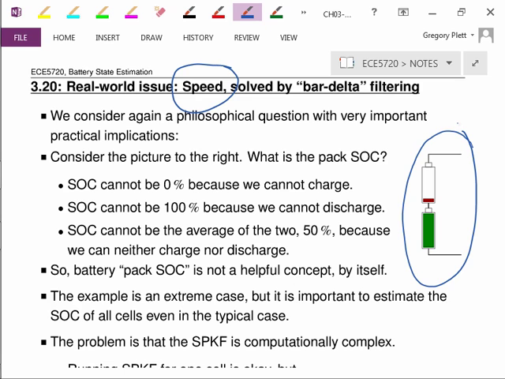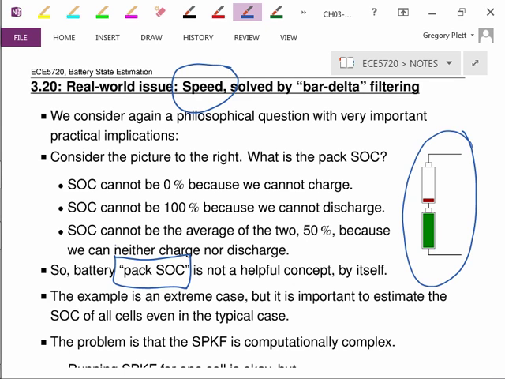And it can't even be the average of the two, which is 50%, because, again, we can neither charge nor discharge. So this idea of pack SOC is not a helpful concept by itself, and we've argued that most times you would want pack SOC, you'd really want energy instead, pack energy, which is completely definable, and there's no ambiguity in what that really means.